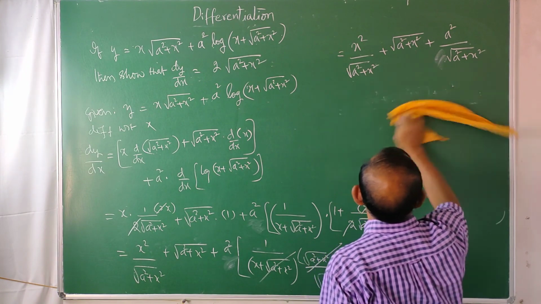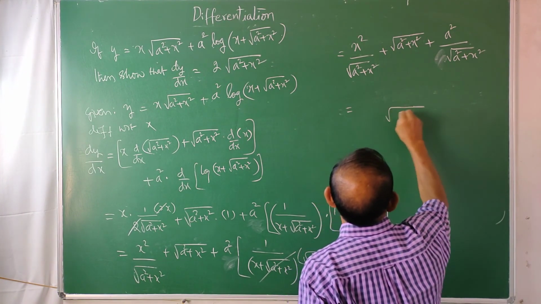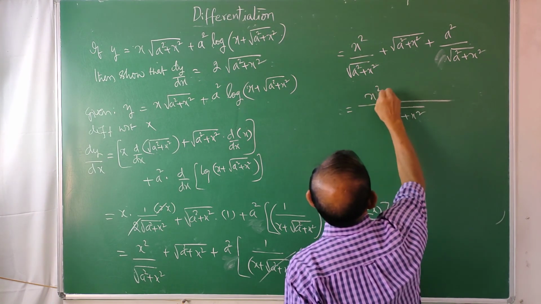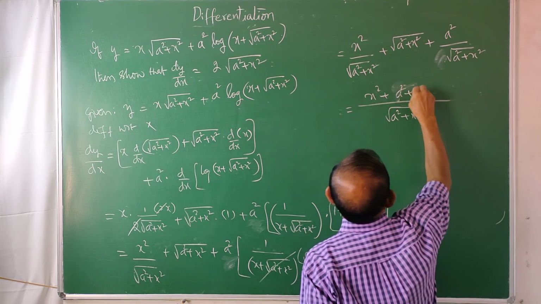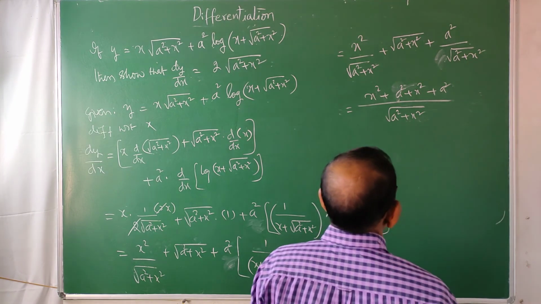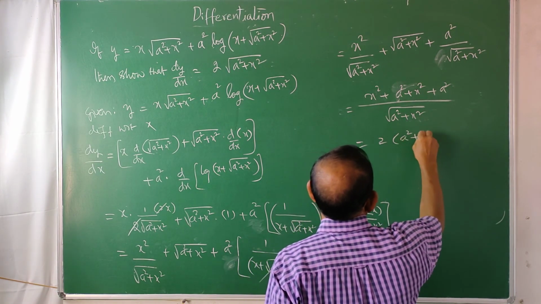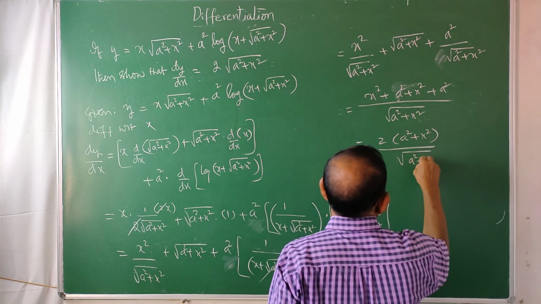So you will get root of a square plus x square as LCM. x square plus this into this is root of a square plus x square plus a square. So 2 times a square plus 2 times x square. So 2 times a square plus x square by root of a square plus x square.